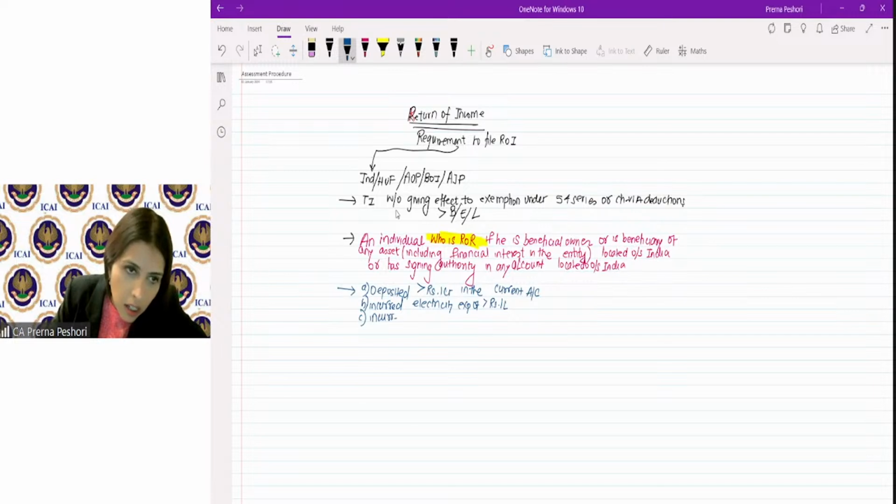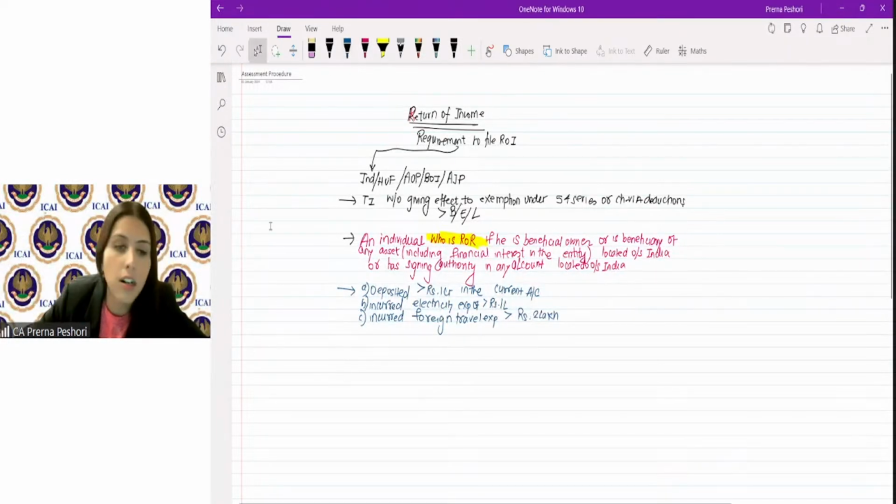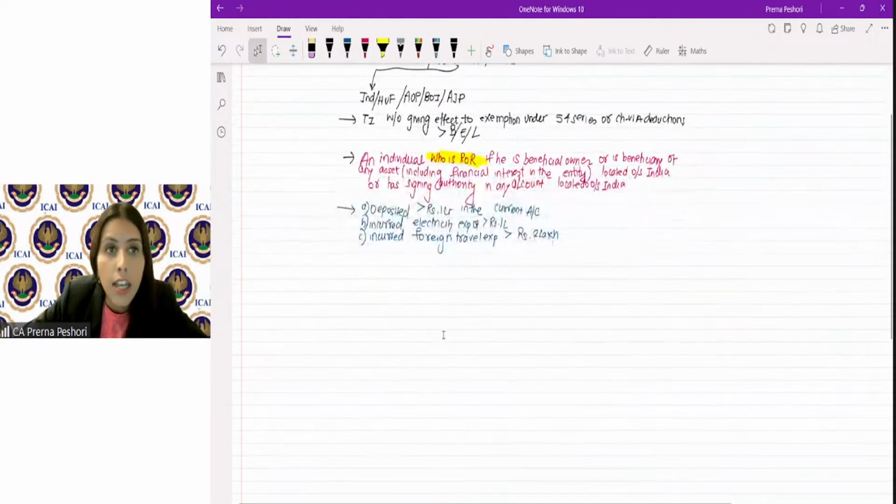Incurred foreign travel expense greater than rupees 2 lakh. This will be for the individual, because of course the HUF, AOP, BOI, artificial juridical person cannot travel.